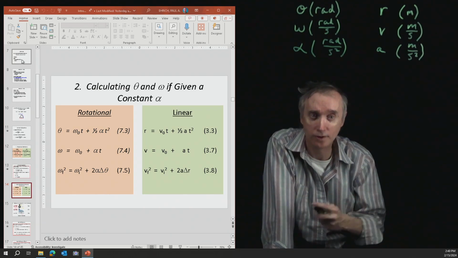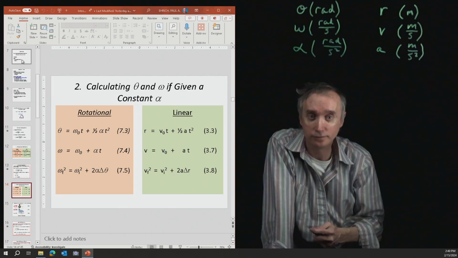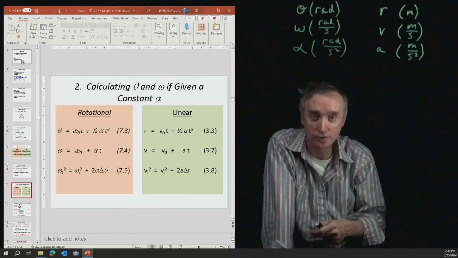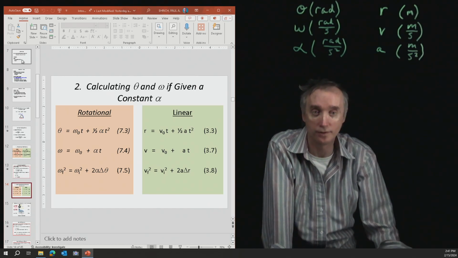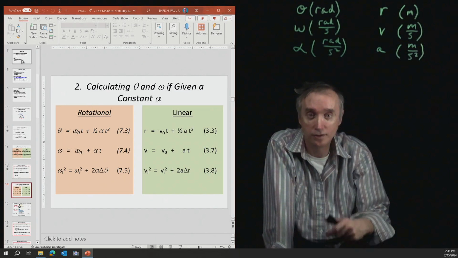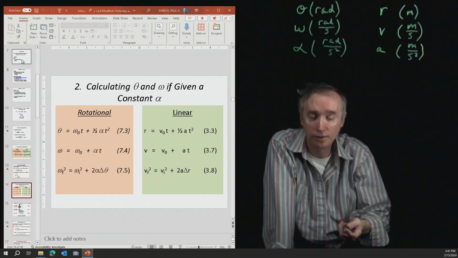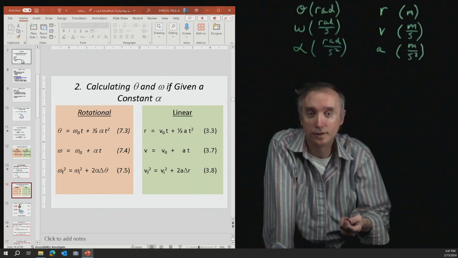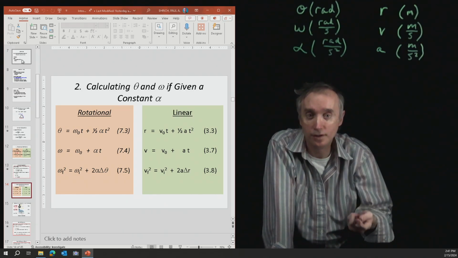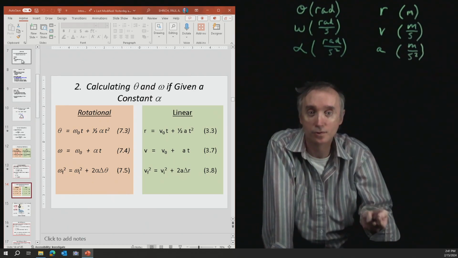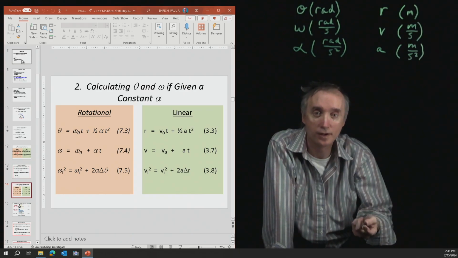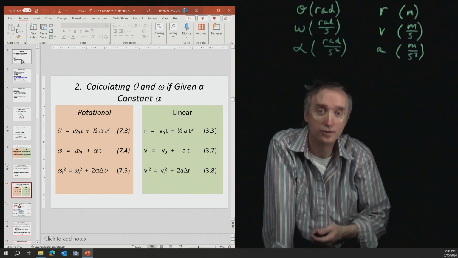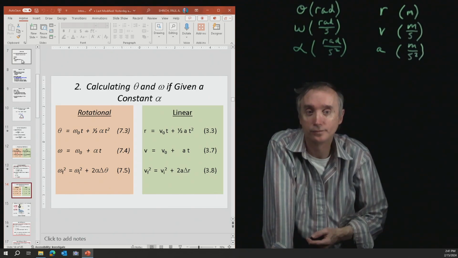But there is a third equation that you can get by solving the first two equations for the letter T and then putting them together. And that equation is called the hybrid equation, which says that your linear final speed squared is going to be equal to your initial linear speed squared plus 2 times your linear acceleration, and then how far do you travel? So that's the delta R.